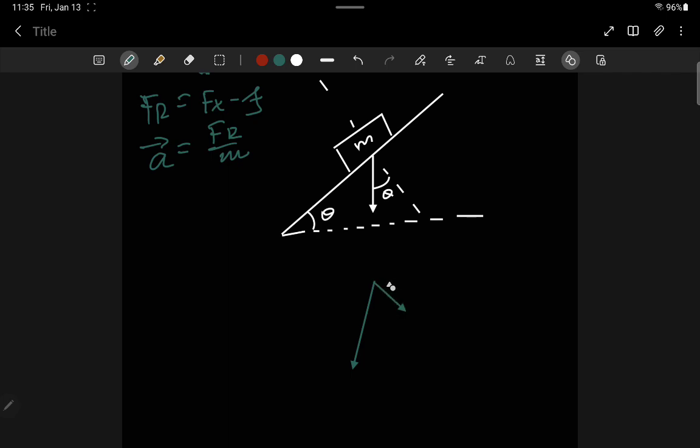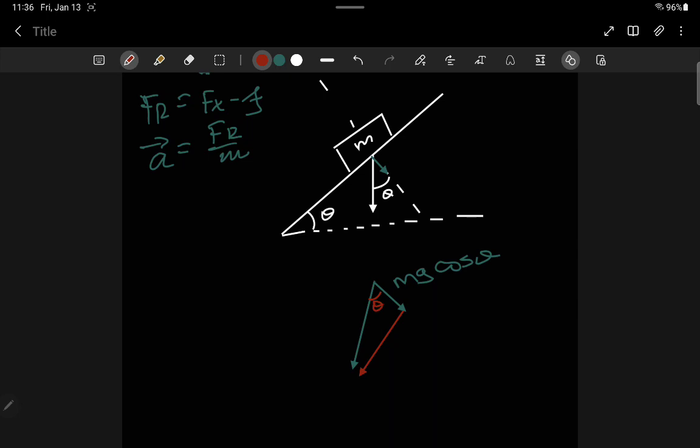This is the downward force, this is mg times the cosine of theta, because if this angle is theta, this is also theta. As the horizontal line rotates by theta, the vertical line also rotates by the same theta. And the other component of the weight is this one.